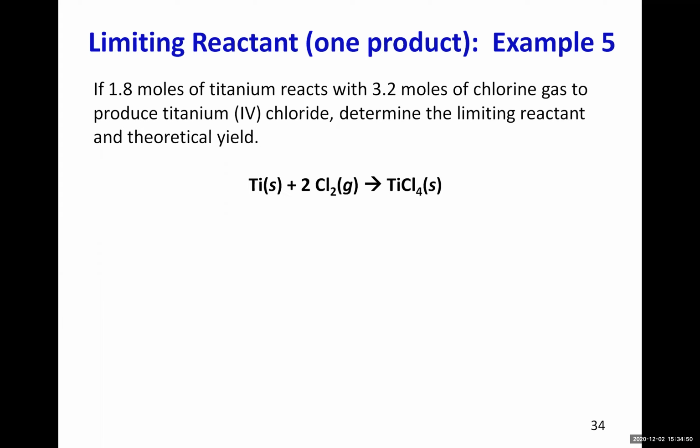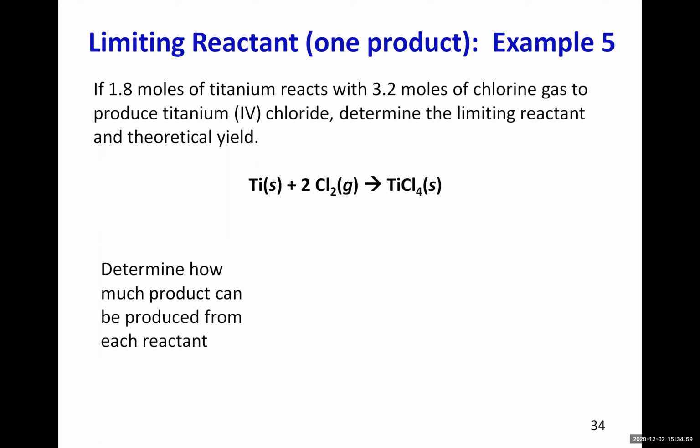So to answer that question, determine the limiting reactant and then the theoretical yield, you need to determine how much product can be produced from each reactant, assuming that the other reactant is in enough quantity. So you take each reactant and calculate the amount of product you can make from the amount of that reactant.